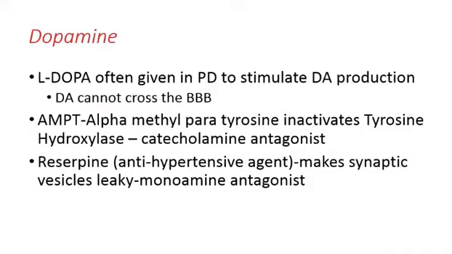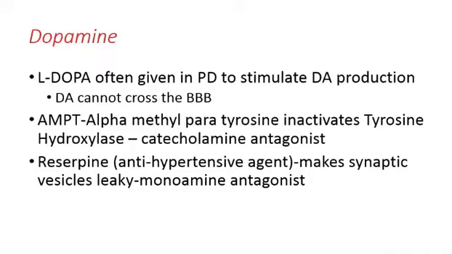L-DOPA is often given to patients with Parkinson's disease, as I mentioned, to stimulate dopamine production because dopamine can't cross the blood-brain barrier. Alpha-methyl paratyrosine is a drug that inactivates tyrosine hydroxylase. If tyrosine hydroxylase is inactivated, then that would limit the production of catecholamines from tyrosine itself.